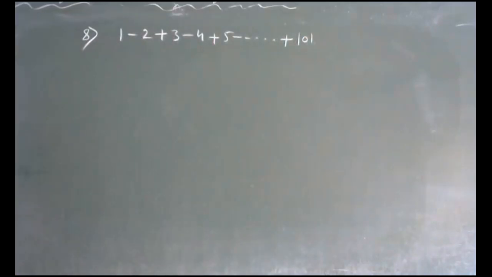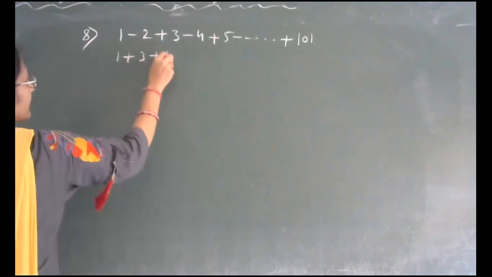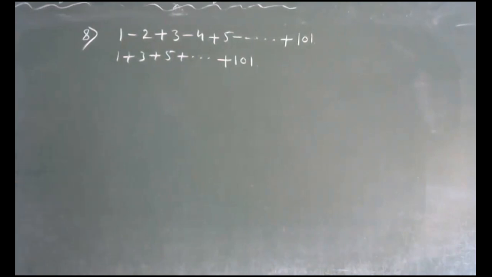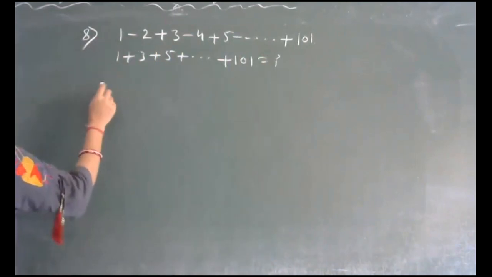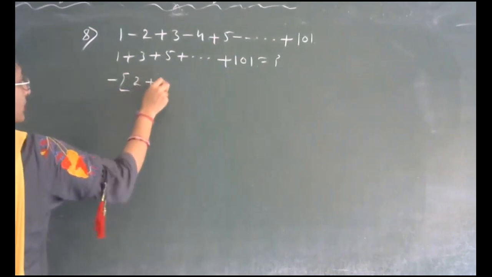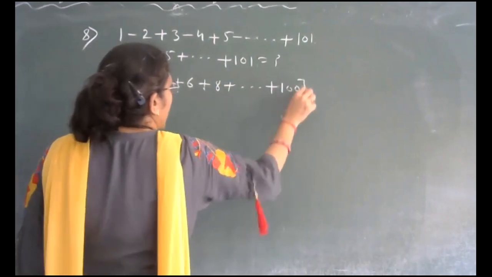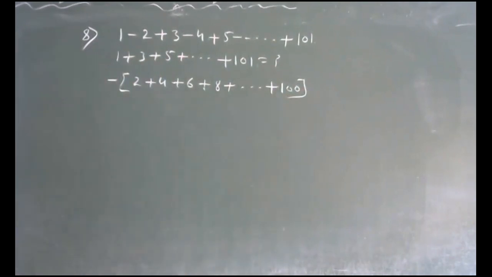So we can separate these terms: 1 plus 3 plus 5 and so on up to 101. We will total these separately, and the other terms, taking the negative sign common, are 2 plus 4 plus 6 plus 8 and so on up to 100. We will total these separately. Now both series are in AP with common difference D, that is 2. Both have common difference 2. We add them separately and then we have to subtract.